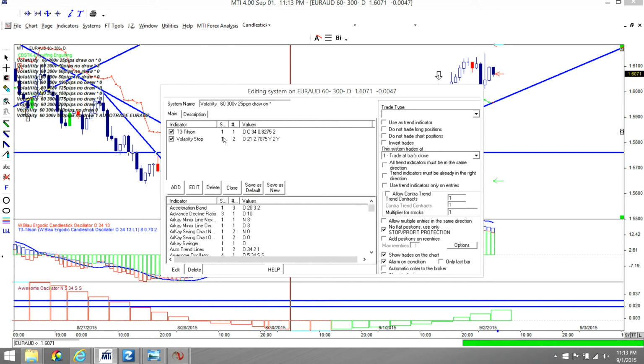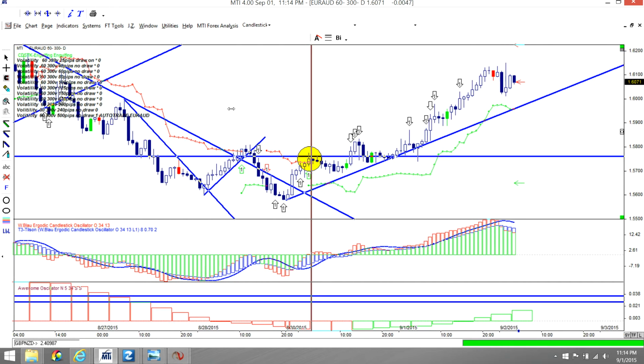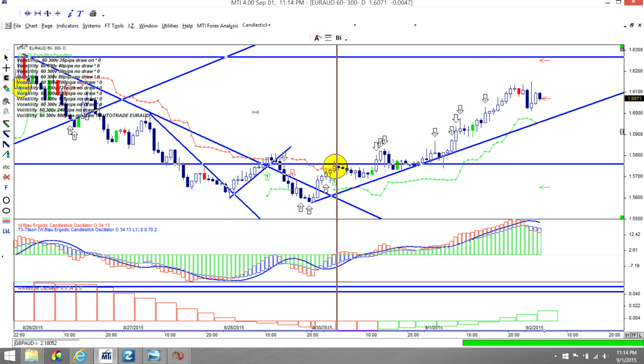This thing has a T3 34 as a trend filter, and he has it embedded in the volatility stop to keep down the noise and the constant trading. So hopefully Earl, I guess he's going to be a beta tester, and once they do it properly with the scripting language and everything, he could build a system for everyone, and it'll be a huge help, and you'll make a ton of pips.